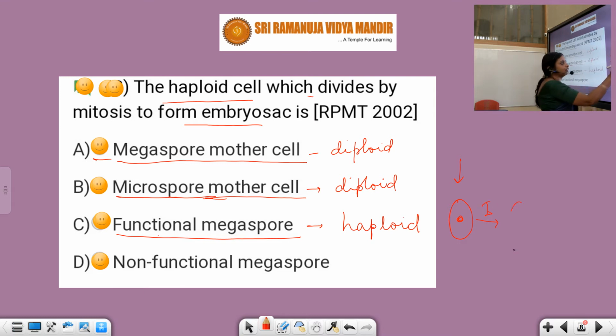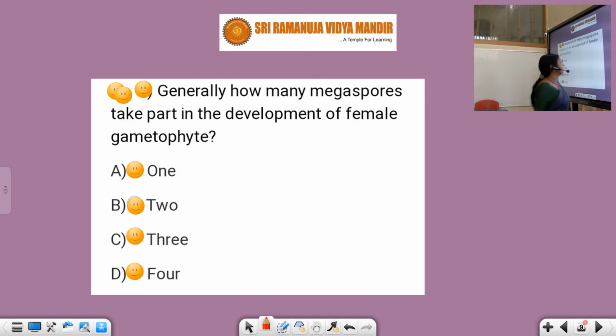First mitotic division, 2 nuclei are formed. After the second mitotic division, 4 nuclei are formed, and after the third mitotic division, 8 nuclei are formed. So the functional megaspore is haploid and forms the embryo sac. This is how the 8 nuclei structure came after the first, second and third mitotic divisions. Now let's see the next one.